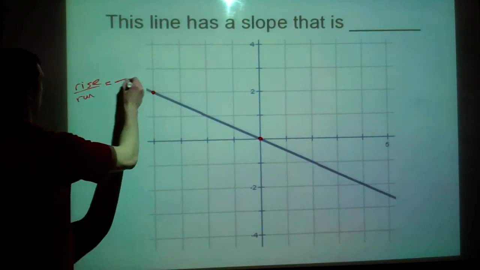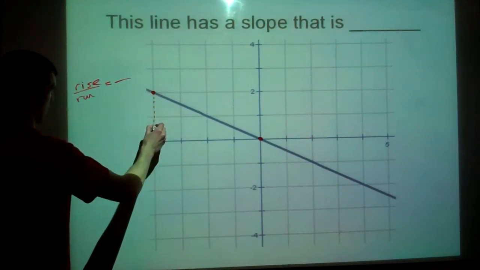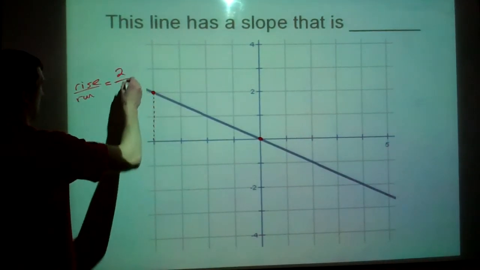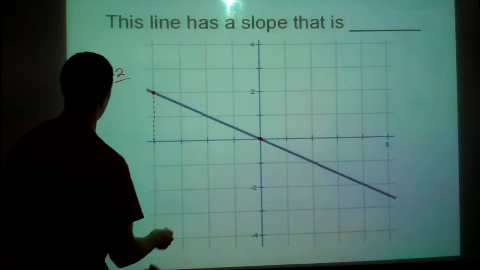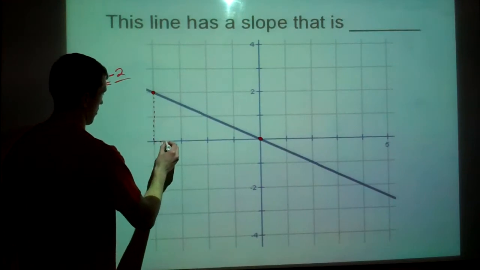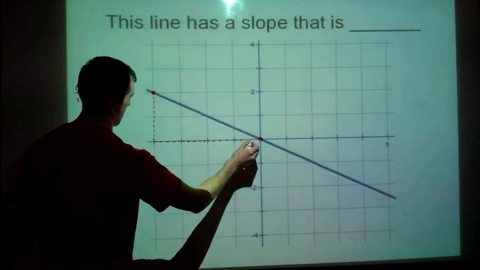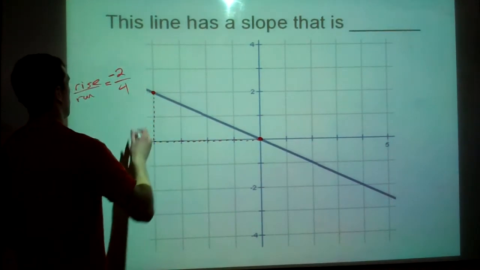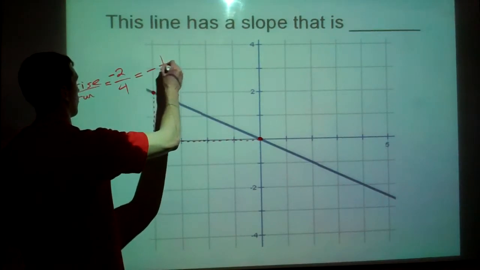Should be a negative slope because I have to move down. So I move down 2, so that's a negative 2, sorry, moving down, not rising. Then I have to go over 1, 2, 3, 4. Negative 2 over 4, which reduces to negative 1/2.